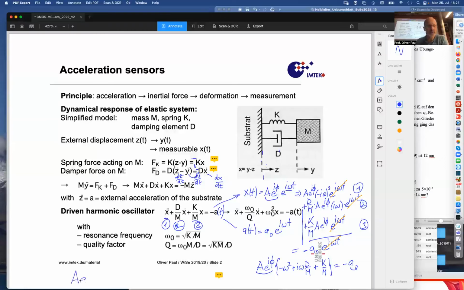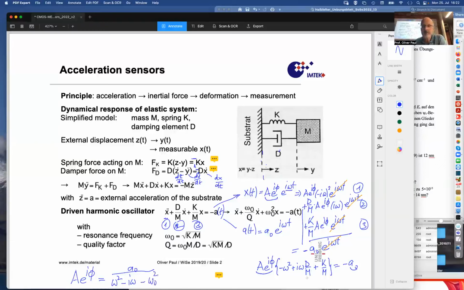And if I write that again, we'll need that on the next page. This is equal to a0 over omega0 squared minus omega squared plus i omega, and now this d over m is abbreviated as omega 0 over Q. Well, I first introduced the omega 0 squared.